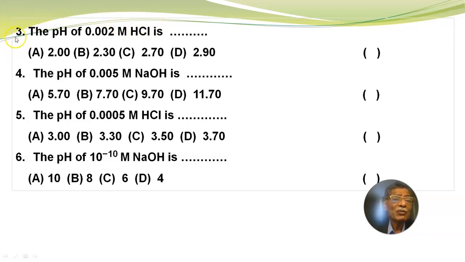The pH of 0.0005 molar HCl is A. 3.00, B. 3.30, C. 3.50, D. 3.70. 6. The pH of 10 to the power of -10 molar NaOH is A. 10, B. 8, C. 6, D. 4.